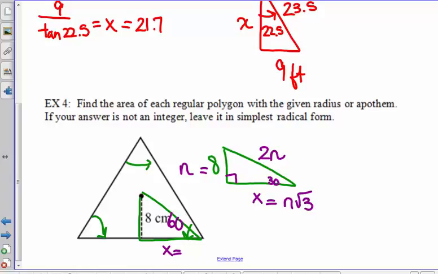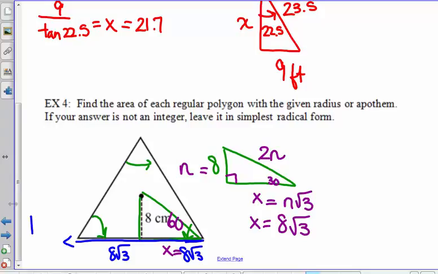So if n is 8, then this other side is 8 root 3. So that means that this is 8 root 3, and this is 8 root 3. So the whole side is actually 16 root 3. So the perimeter is 16 times 3 or 48 root 3.